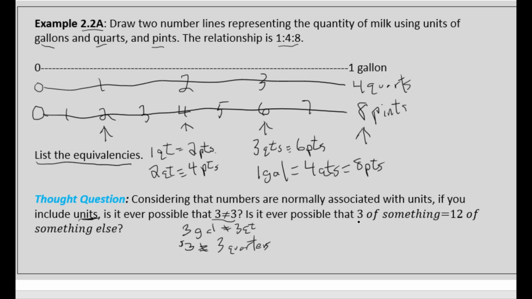Does 3 of something ever equal 12 of something else? And we can see from this that if I had 3 gallons, if I triple the amount of gallons, I would triple the amount of quarts. So yes, and this is kind of a key idea here.